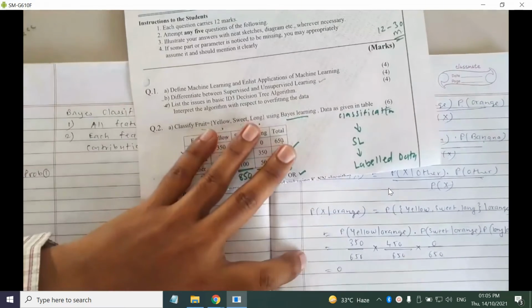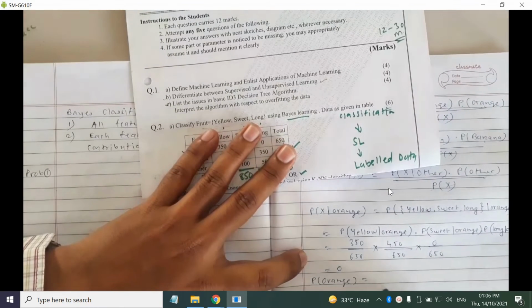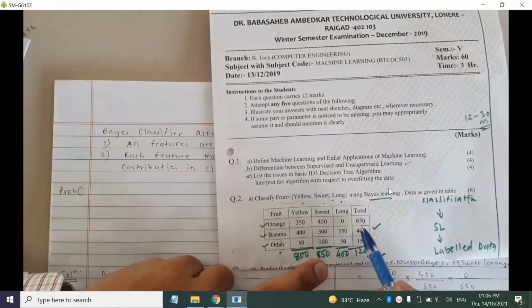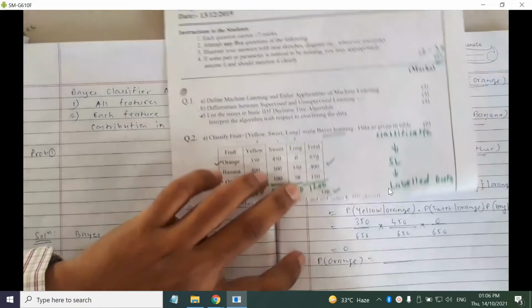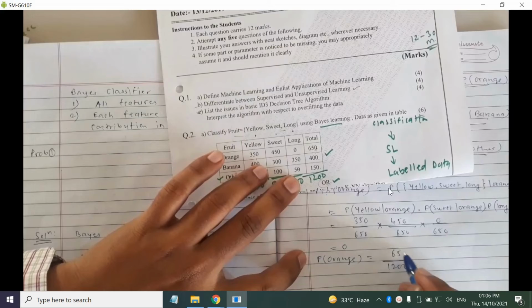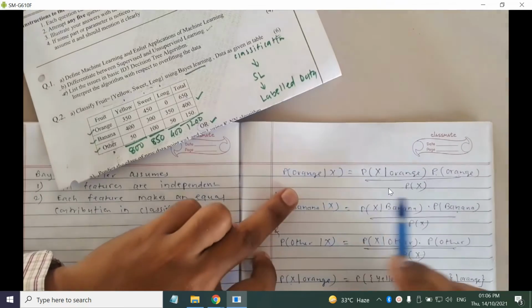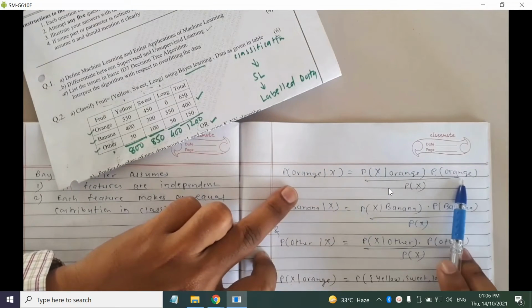Okay, so let us calculate that. Probability of orange is, total fruit में से oranges कितने हैं 650. That will be your probability of orange. So that is 650 divided by 1200. That is my probability of orange. So we have found out the values of this equation number 1.